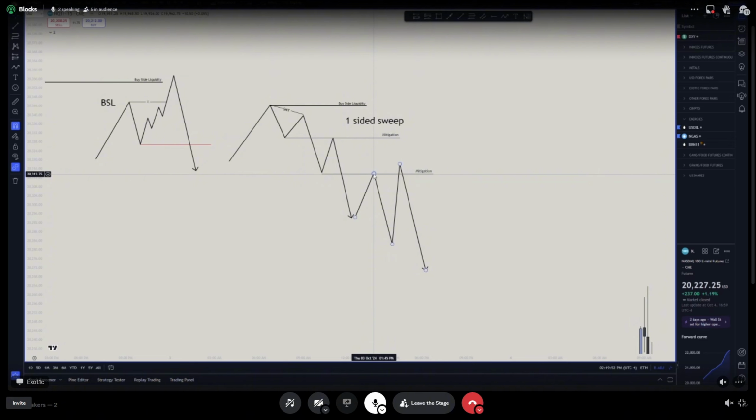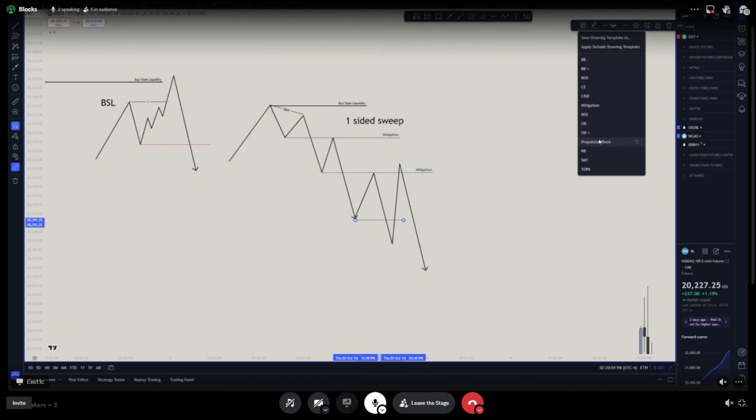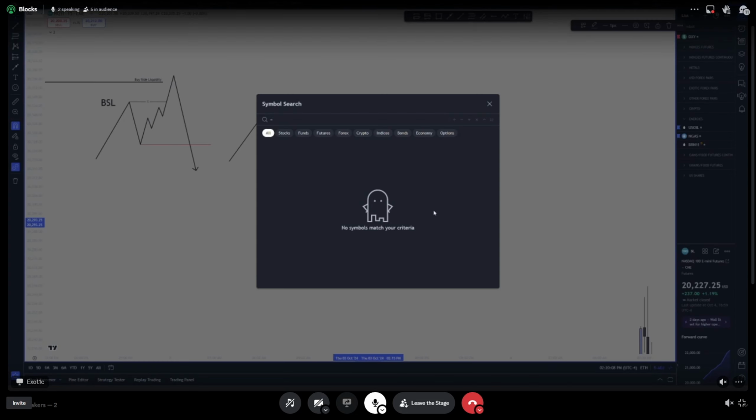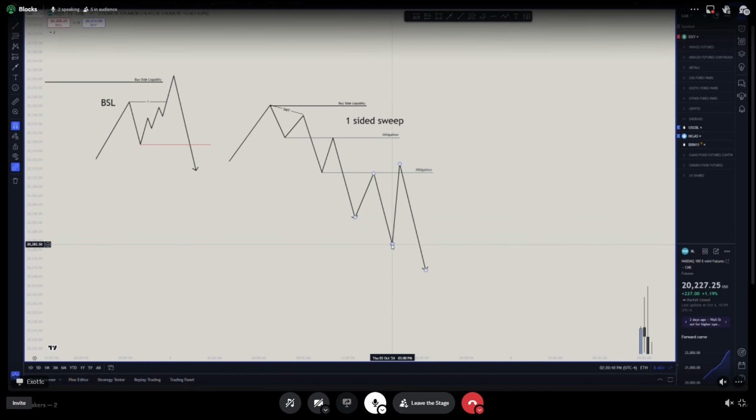We have a mitigation block here, since we had a one-sided sweep of external liquidity, came down, came up here. This is your next mitigation block. But let's say this mitigation block fails here. Actually, hold on. This is a bad example. Let me redraw this. Something like this happens.